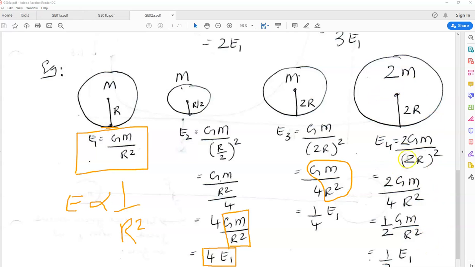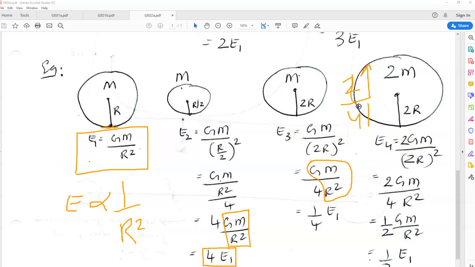I have one more example here where the mass is doubled and the radius is doubled. Some of these things you can solve mentally. The field is proportional to mass, so doubling the mass doubles the field, and doubling the distance makes the field go by a quarter. So it is 2 times a quarter, so it is half.